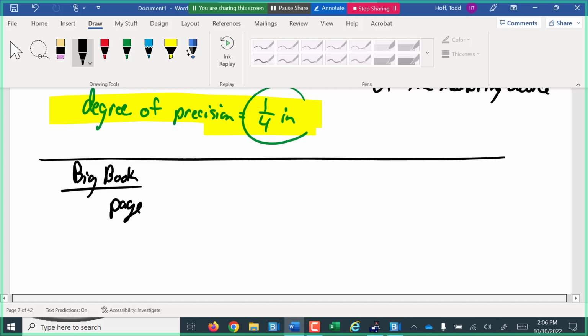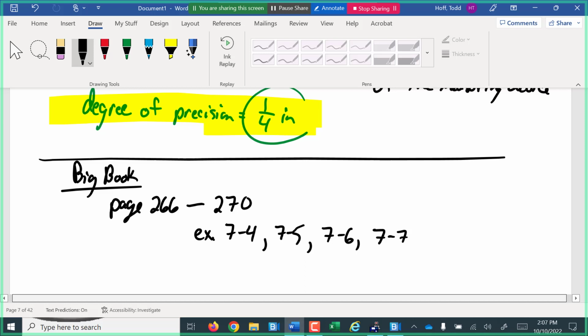Starting on page 266 and going through page 270 is exercise 7-4, 7-5, 7-6, 7-7, and 7-8.